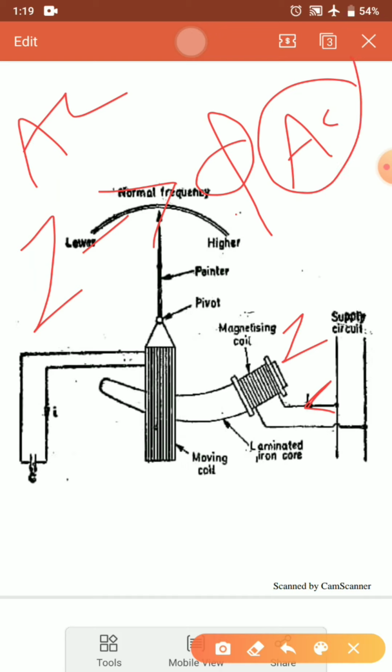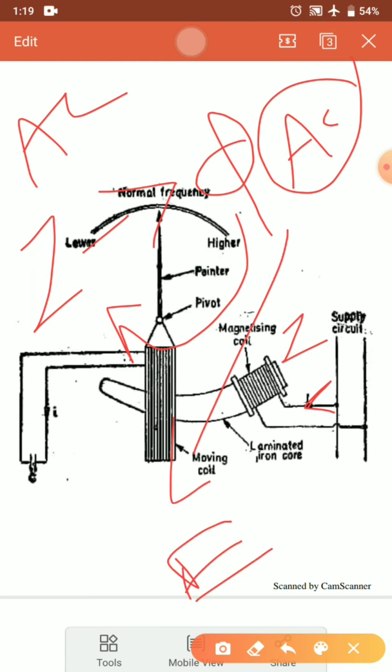Let us neglect the resistance of the coil and whatever losses are occurring. Then phi and I will always be in phase. As phi is alternating in nature, it will induce an EMF E. This EMF E will lag behind by 90 degrees.